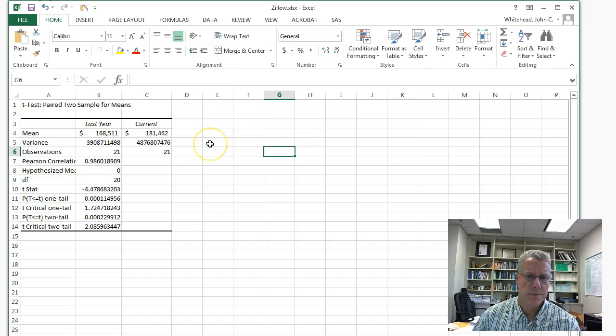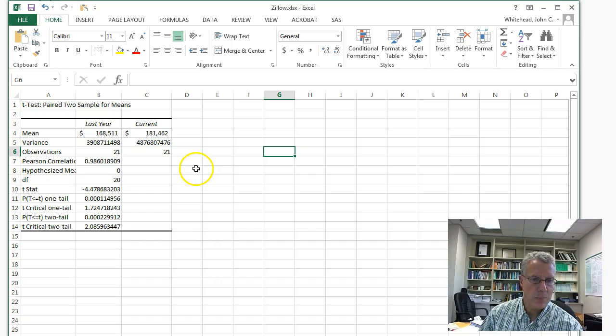So last year's average home value index for the first 21 metropolitan areas in the data set was $168,500, and currently the average value index is $181,000.